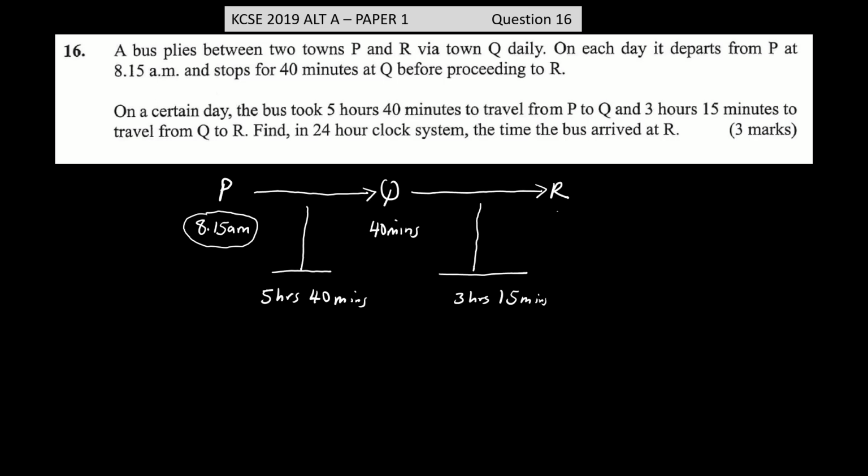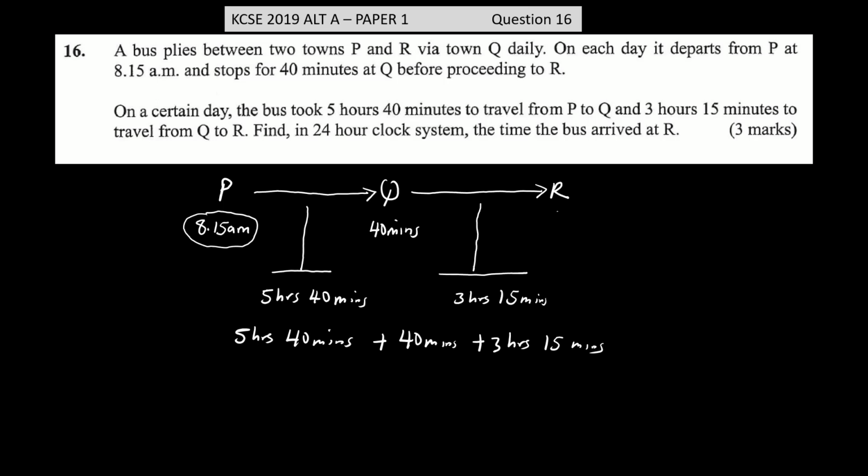We are going to add 5 hours 40 minutes, which is the number of hours between P and Q. The bus will also stop in town Q for 40 minutes, so plus 40 minutes. Then plus the time that the bus spent from Q to R, which is 3 hours 15 minutes. So let's add this. 5 hours 40 minutes plus 40 minutes.